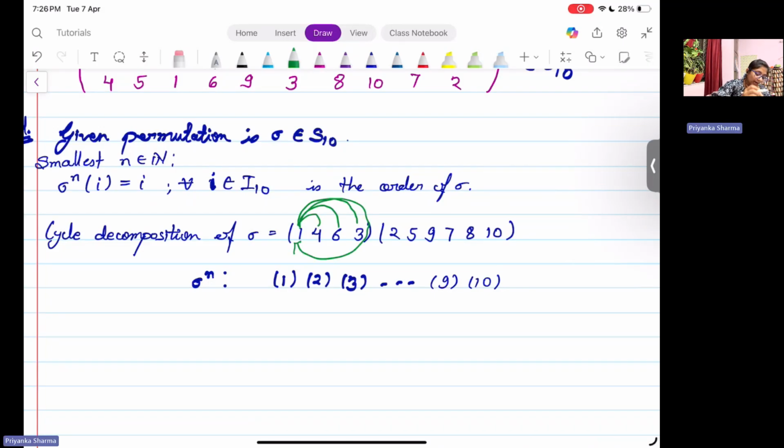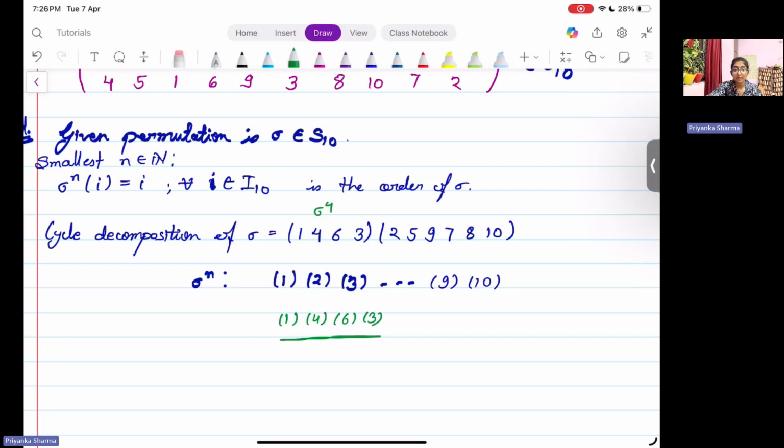Similarly for 4, 6, and 3. If we have sigma to the power 4, then we get back 1, 4, 6, and 3. So 4 is the smallest natural number for which we have this.